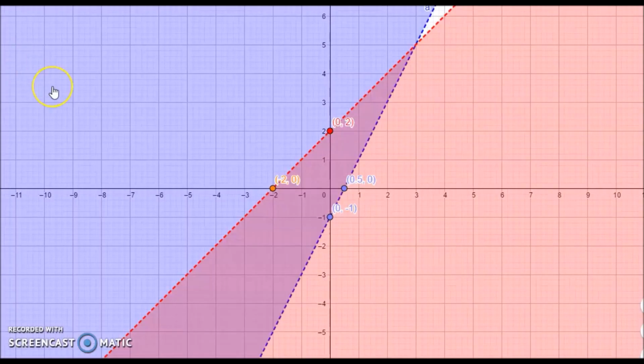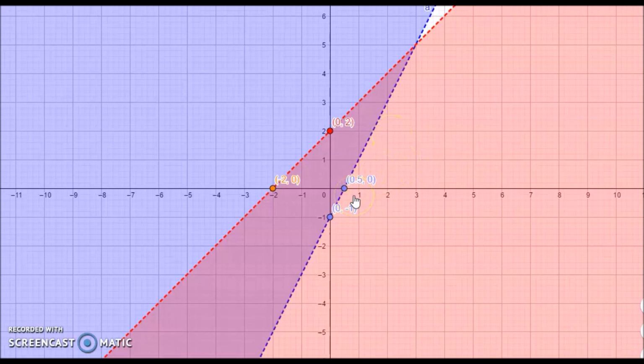Okay, now we are in step number 2, which is to shade the solution. Since the first inequality is y is greater than 2x minus 1, we use greater than, we're going to shade it upward. And for the second inequality, we use less than, which is y is less than x plus 2. We shade the graph downwards.